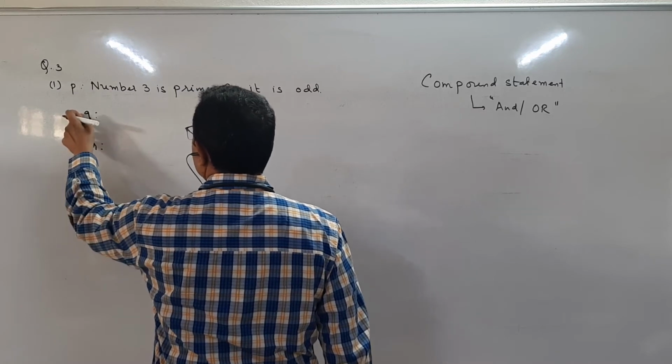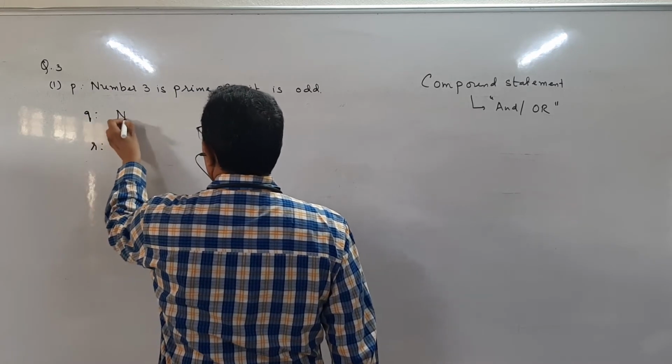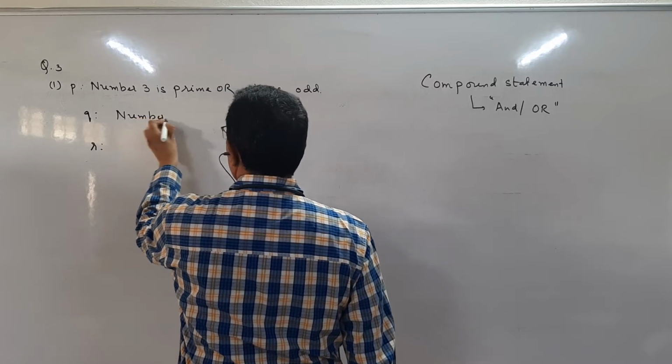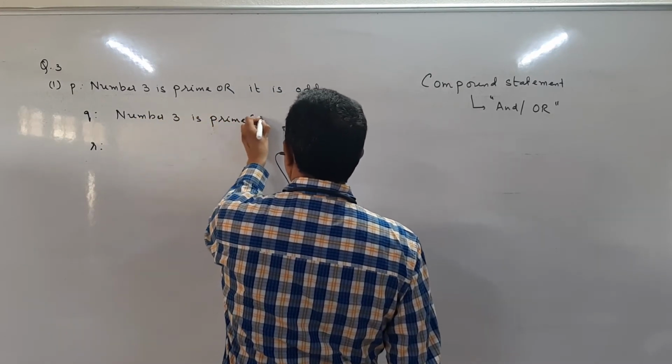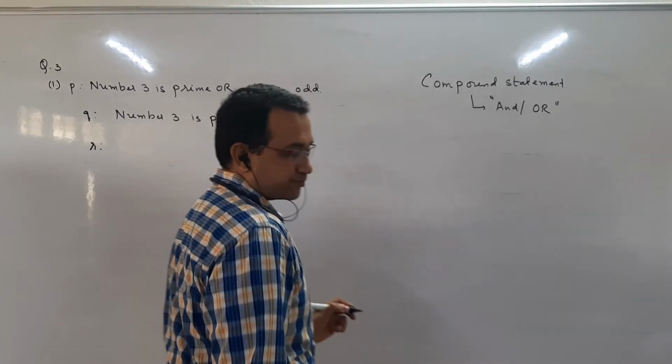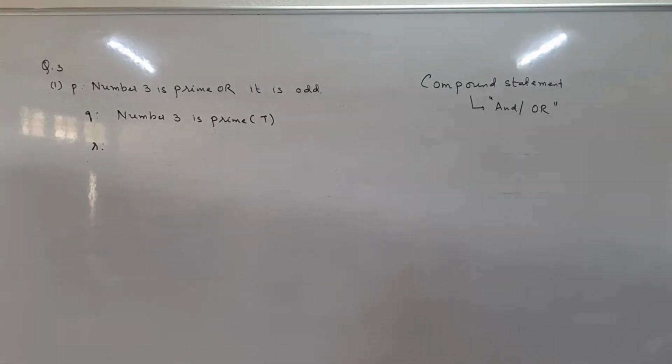I call the component statements Q and R. Number 3 is prime. Definitely 3 is a prime number. The first natural prime number is 2, then the second is 3.